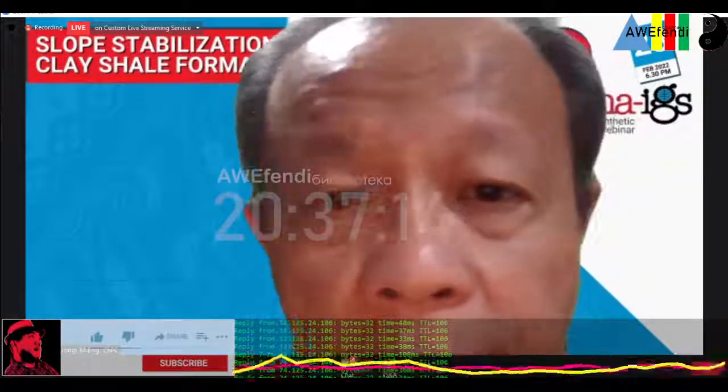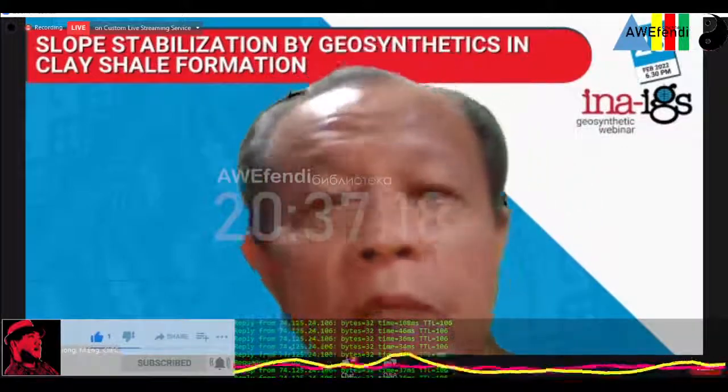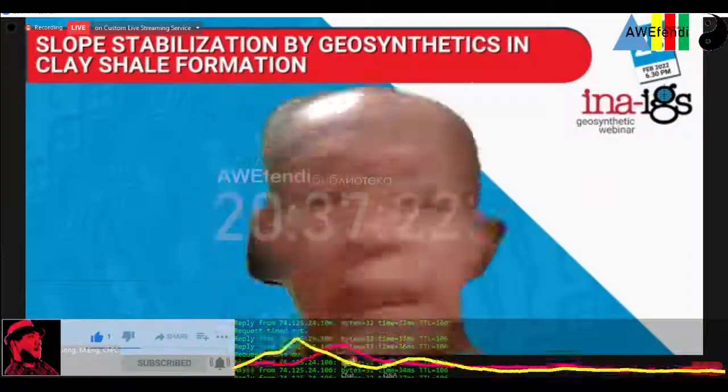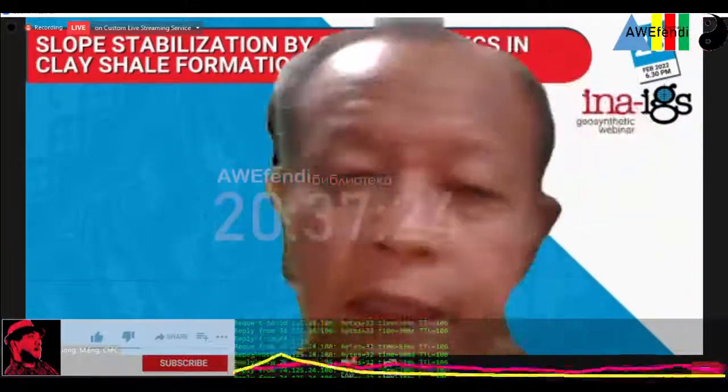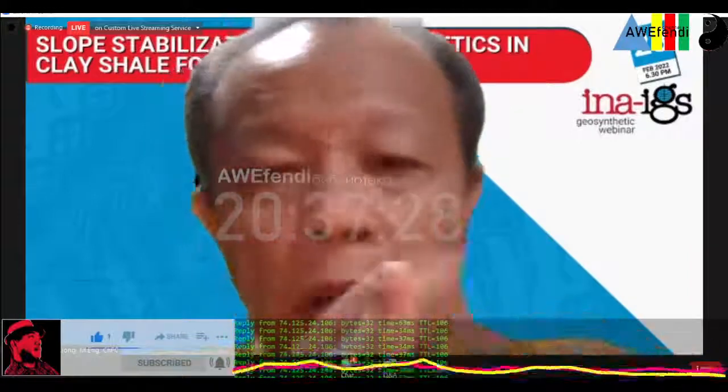How much time does the clay shell need to collapse after weathering? From my experience at this project and another project, it can vary from around 2 weeks to about 3 months.